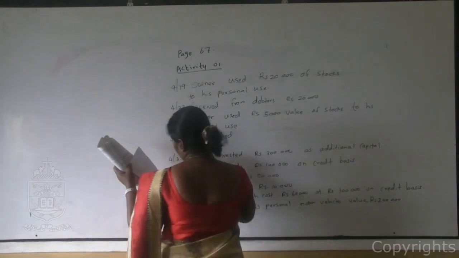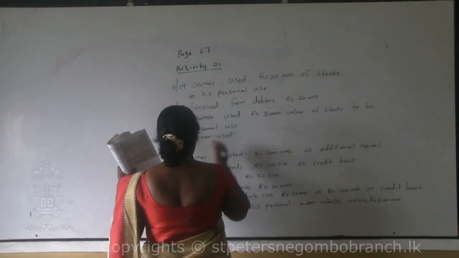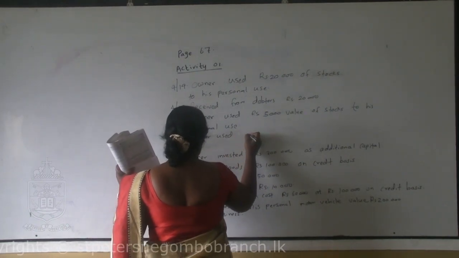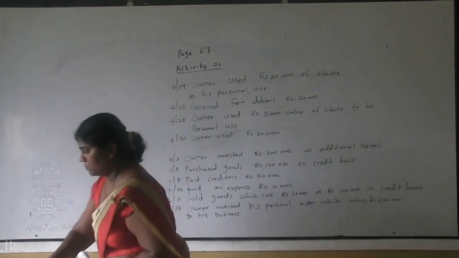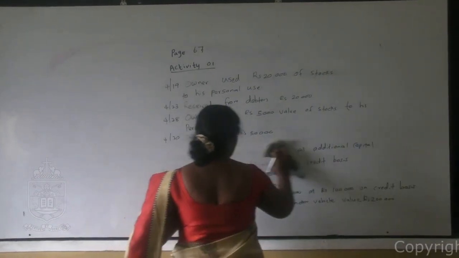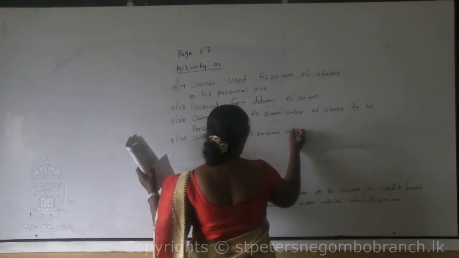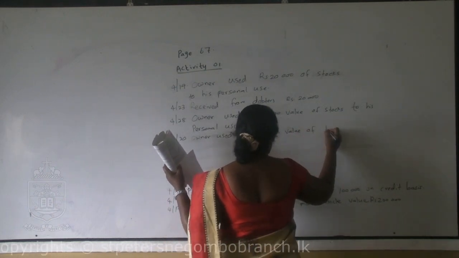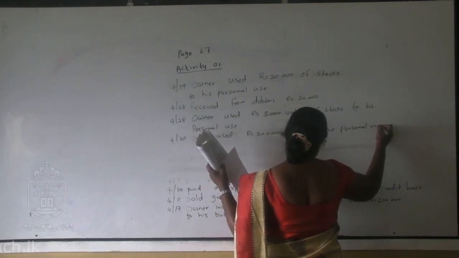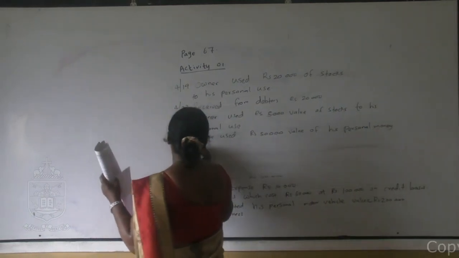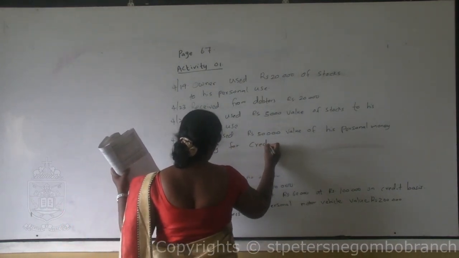Owner used 50,000 value of his personal money to pay for creditors.